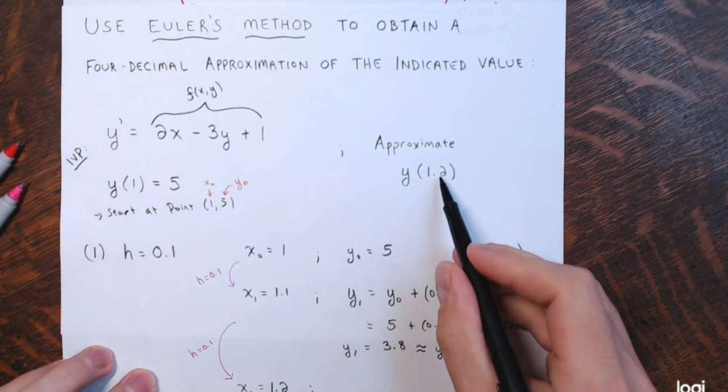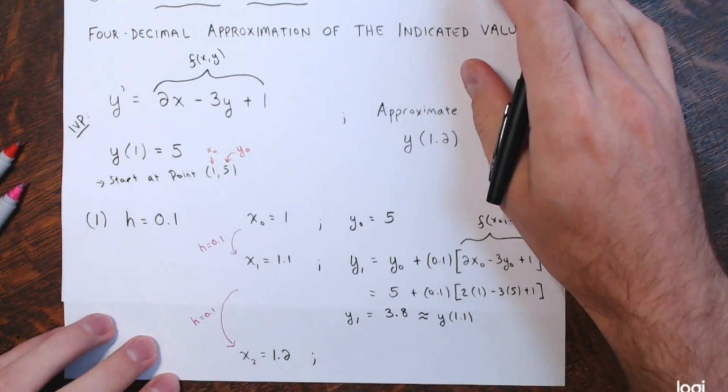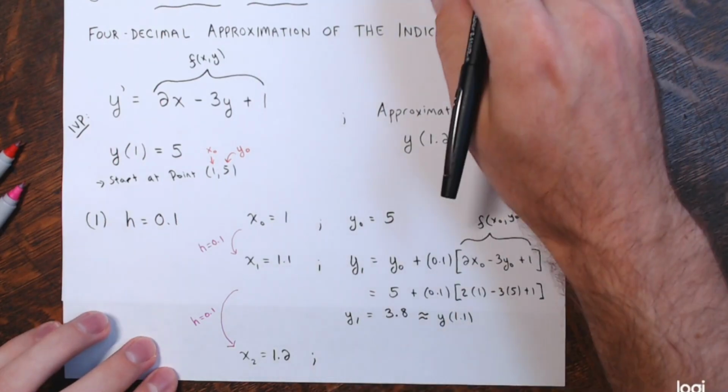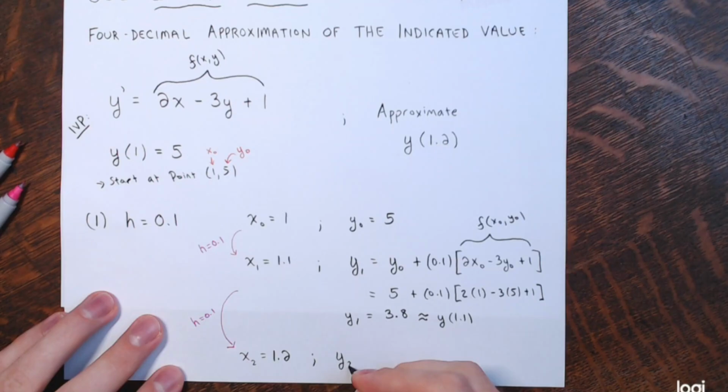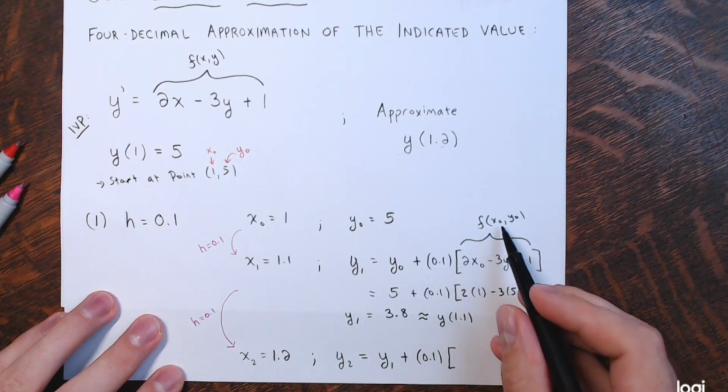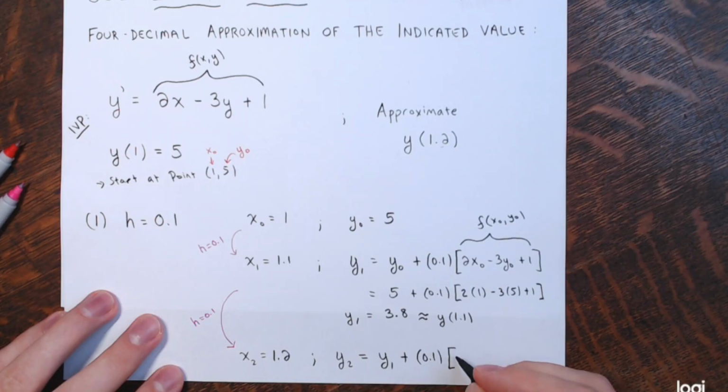Using our recursion formula, y2, the approximation we're looking for, is y1 plus h, 0.1, times f of x1, y1. So 2 times 1.1, minus 3 times y1, which we saw earlier was 3.8, and then plus 1.